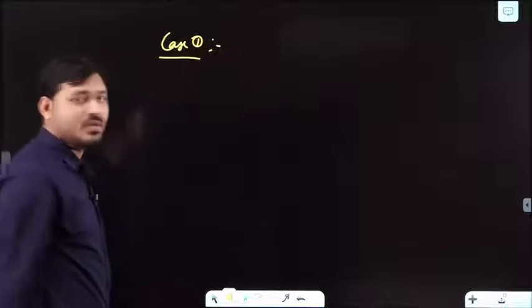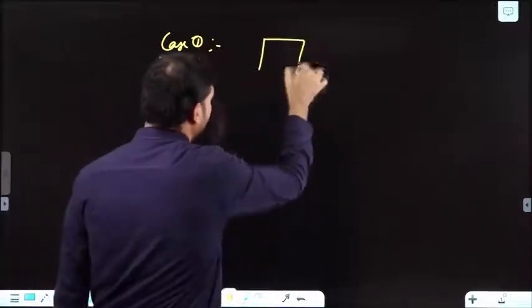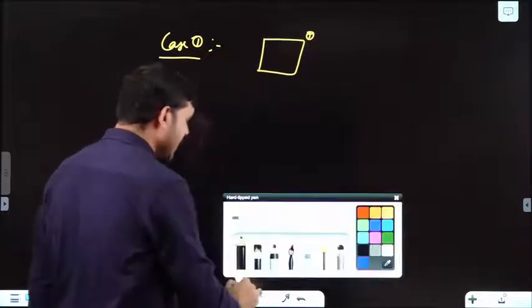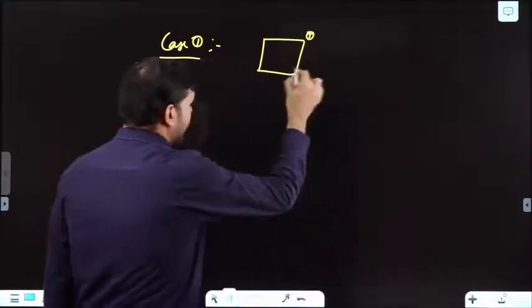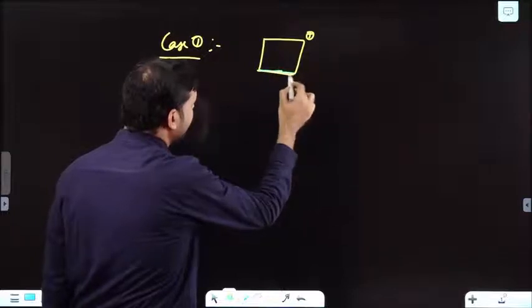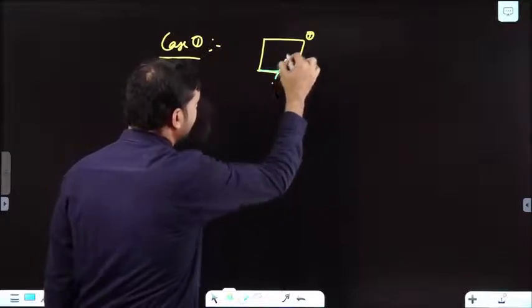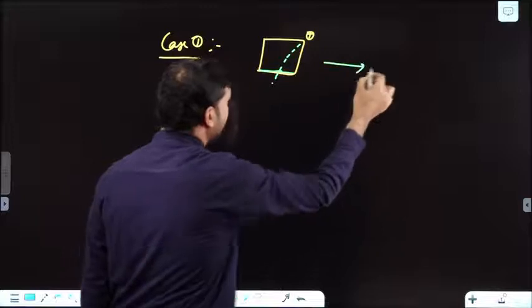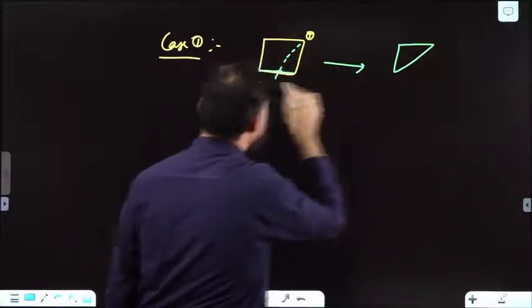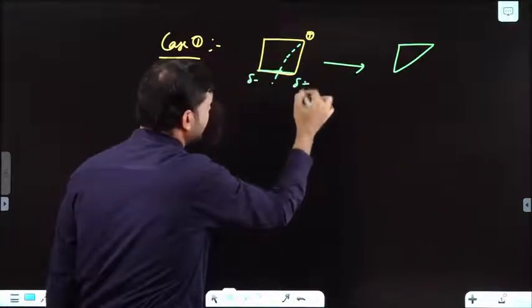Case 1, 4-membered to 3-membered ring. Cyclobutyl carbocation. Here understand, if this bond shifts such that it becomes here, what will happen? First of all, join this one. See, this is delta minus, delta plus.